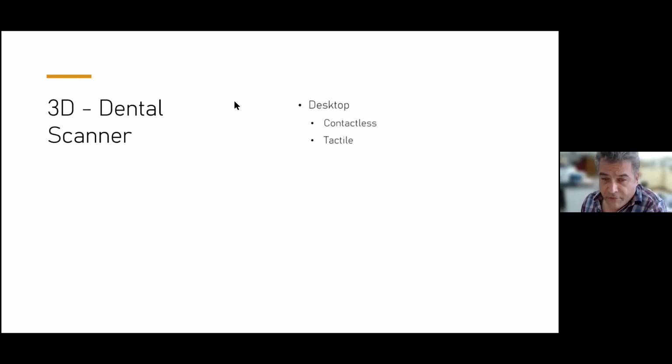For the dental field, we have first of all desktop scanners, which for us in the laboratory are the most common way. And we have 2 different categories. One is contactless. That means the object we scan will not be touched by the scanner. It will take photographs of it and then match them to a 3D model.